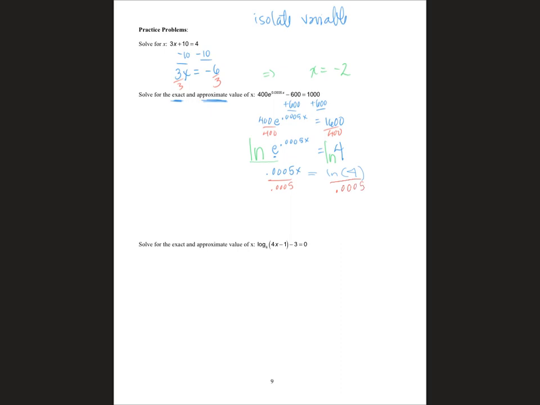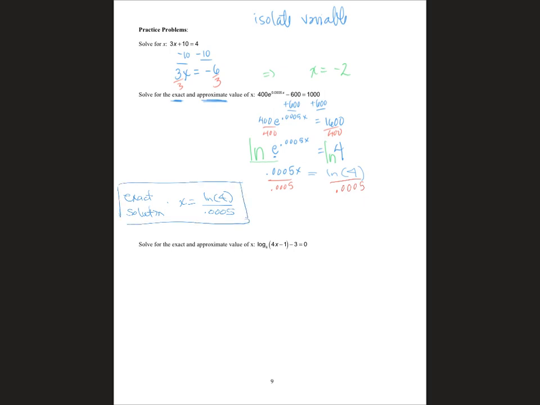Now, for the exact solution, I have x equals the natural log, ln of 4, over 0.0005. That is an exact solution.